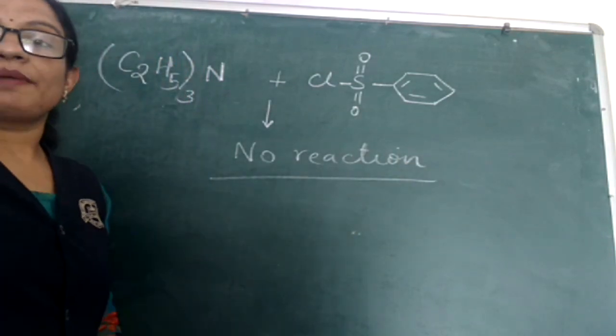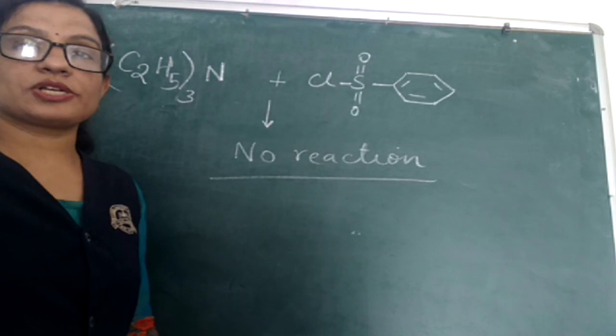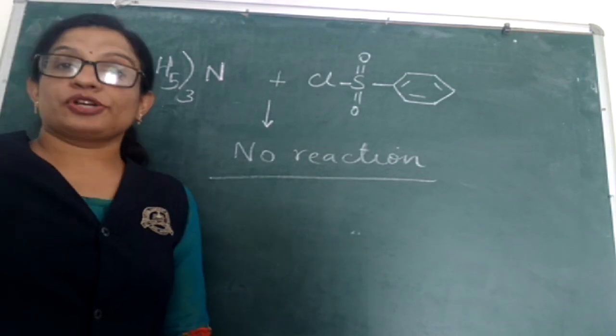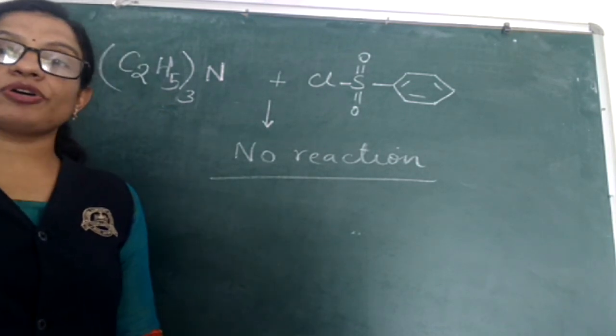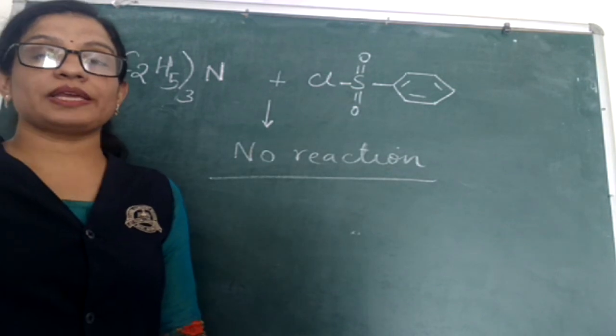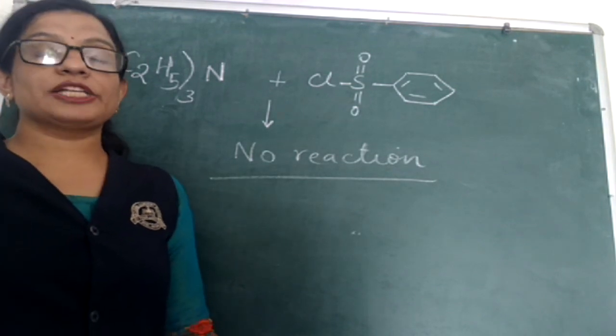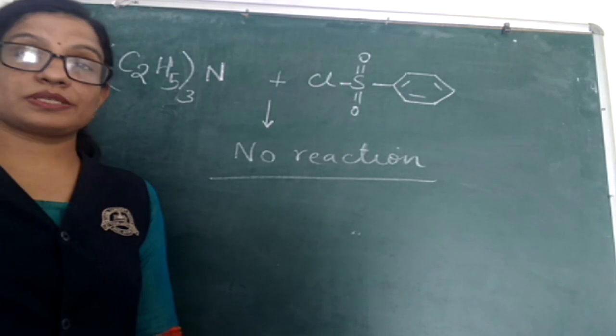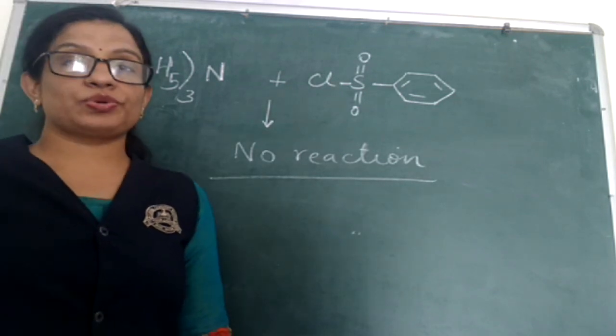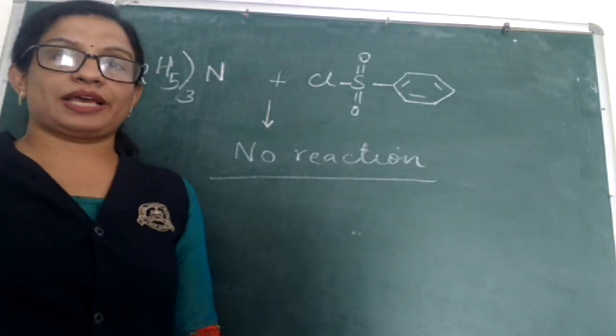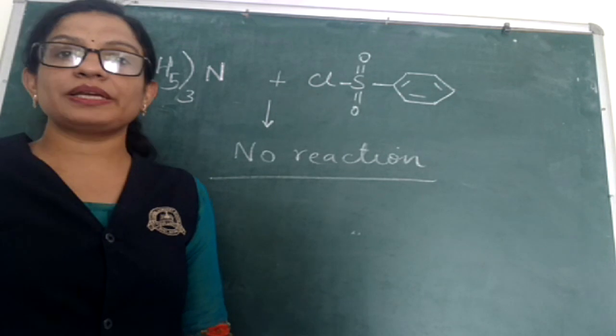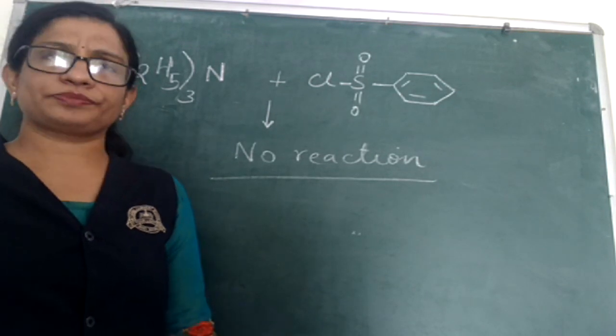This means primary, secondary and tertiary amines are showing different types of reactions with Hinsberg's reagent. That is why Hinsberg reagent or Hinsberg's test can be used to distinguish all the three types of amines, that is primary, secondary or tertiary.